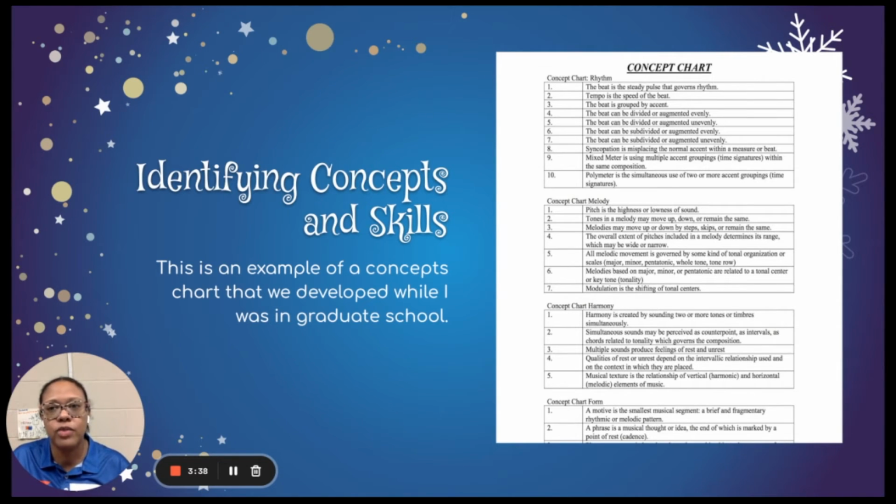Just having some idea of the concepts and the skills that your kids need, having that written out. So just saying, do they have a concept of like 2/4? Can they read 2/4? Can they read 4/4? Do they understand what time signature means? Those types of things. Knowing if your kids can do those things is really important.